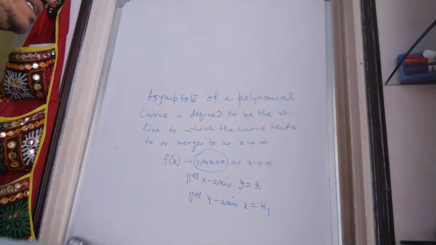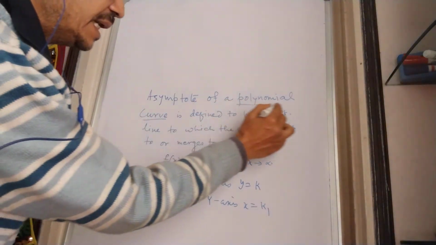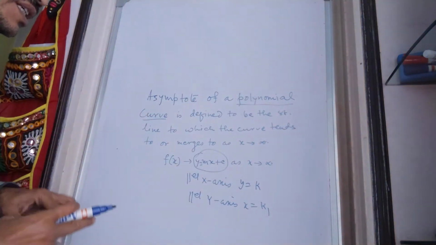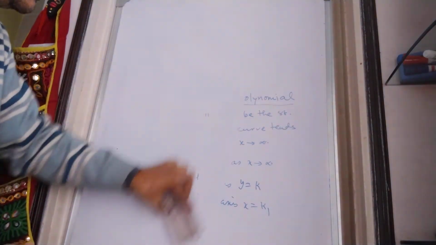Now, let us write a polynomial curve of nth degree, the general form of it.